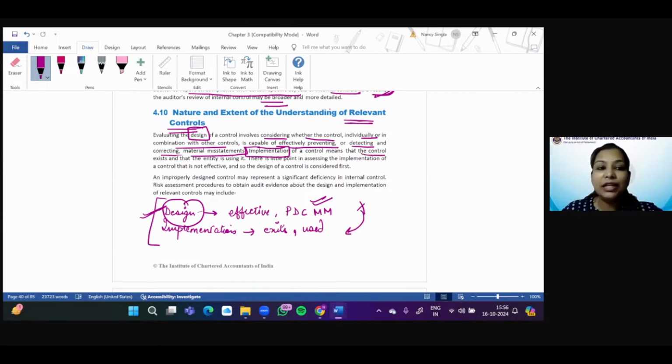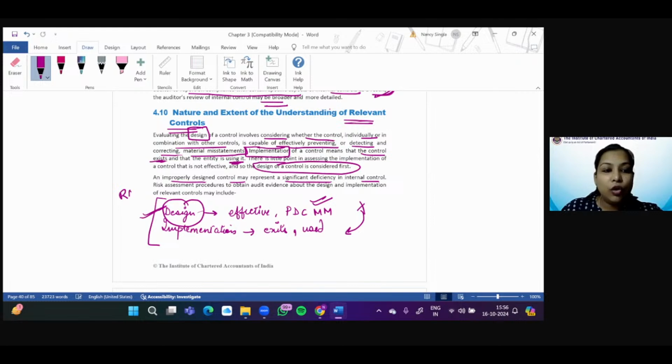It means that the control exists and the entity is using it. There is little point in assessing the implementation of a control that is not effective. So the design of the control is considered first. I hope it is clear now, right? An improperly designed control may represent significant deficiencies in internal control.